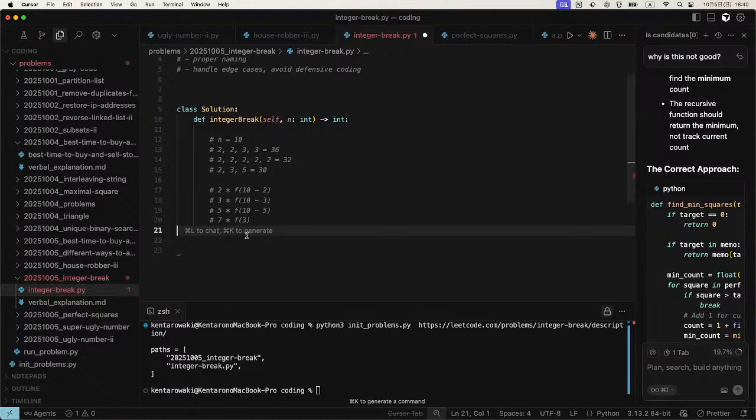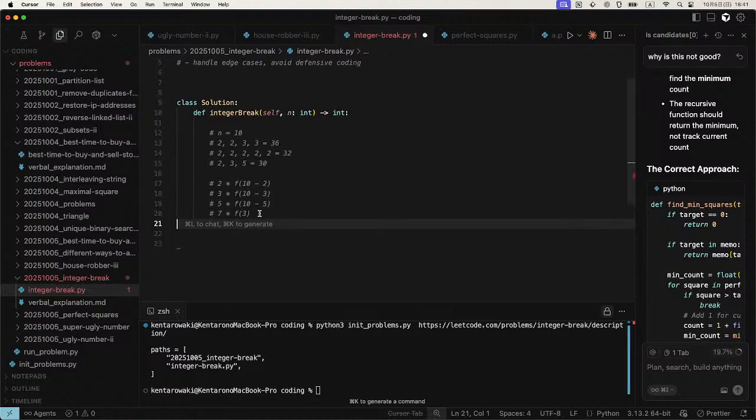If n is 4, it should be 1, 3 and 2, 2. And we already calculated 1, 2 and 3. Oh, that is good. Okay, so let me do it with bottom-up solutions.